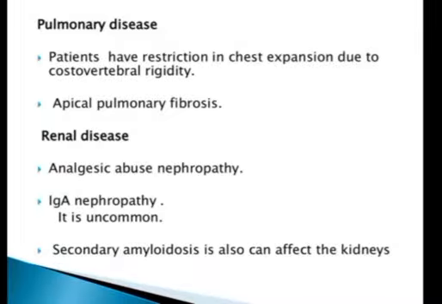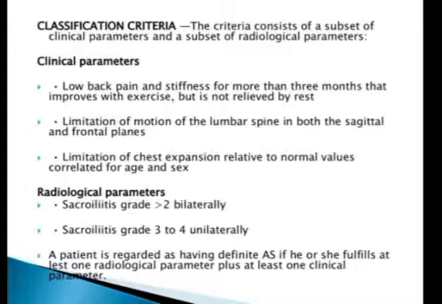In renal disease, analgesic abuse nephropathy and IgA nephropathy are uncommon. Secondary amyloidosis can also affect the kidneys.